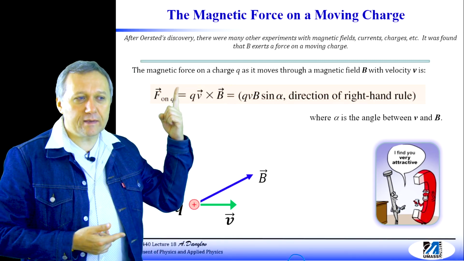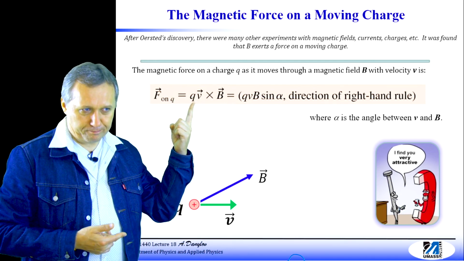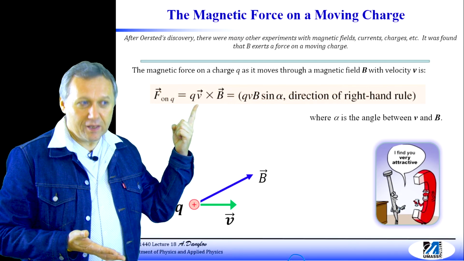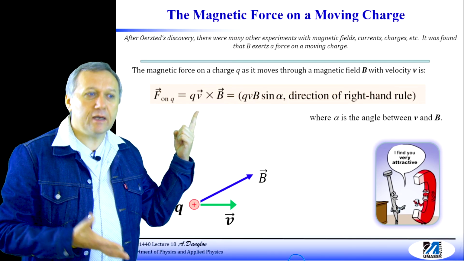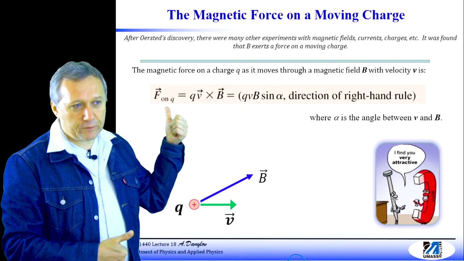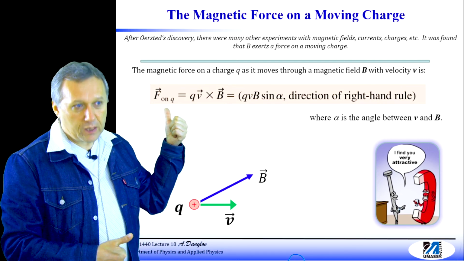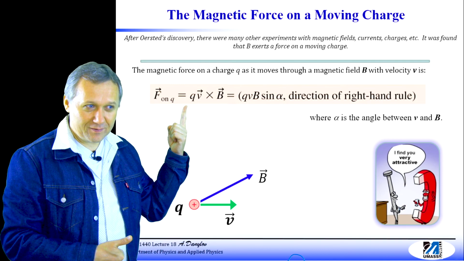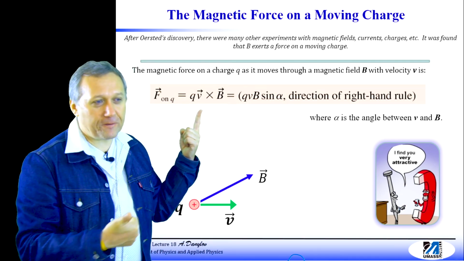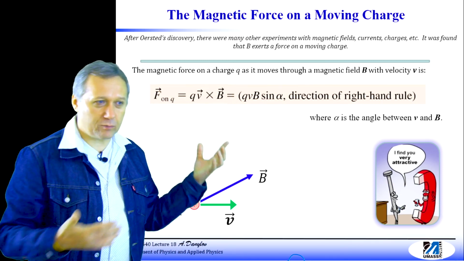You need to look at the sign of the charge. You remember, charge can be positive, charge can be negative. If charge is positive, then your found direction is the correct direction for the force. But if charge is negative, then you have to flip the found direction to the opposite one.